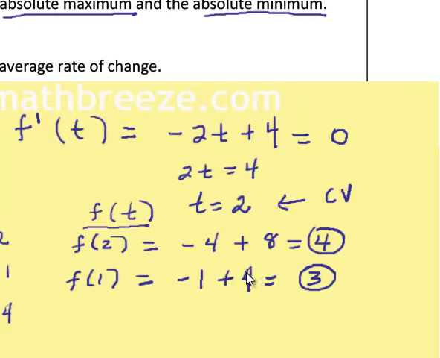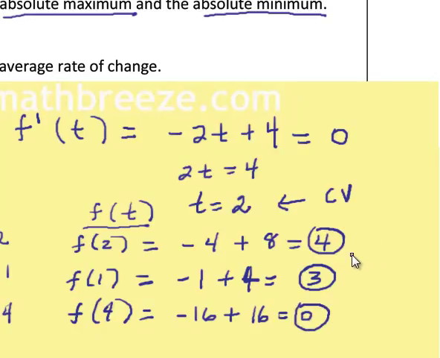Okay, that's a 4 over there. Okay, let's now do f(4). That would be -16 + 16, and that's 0.